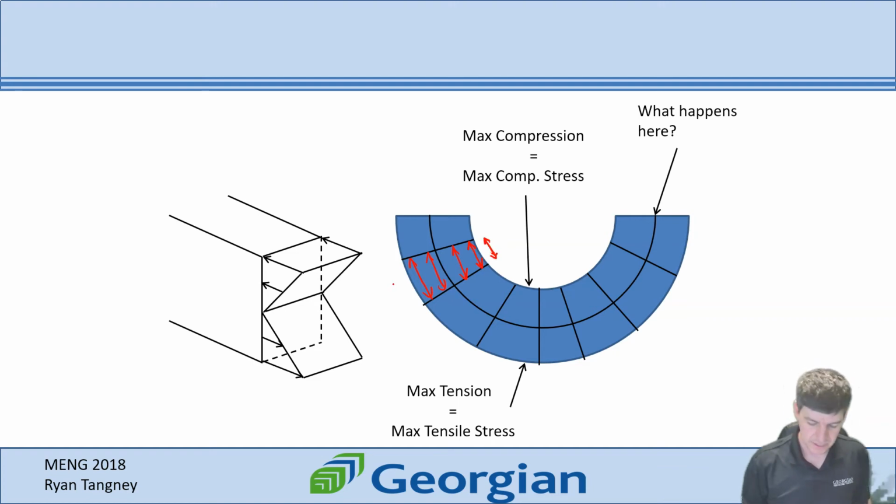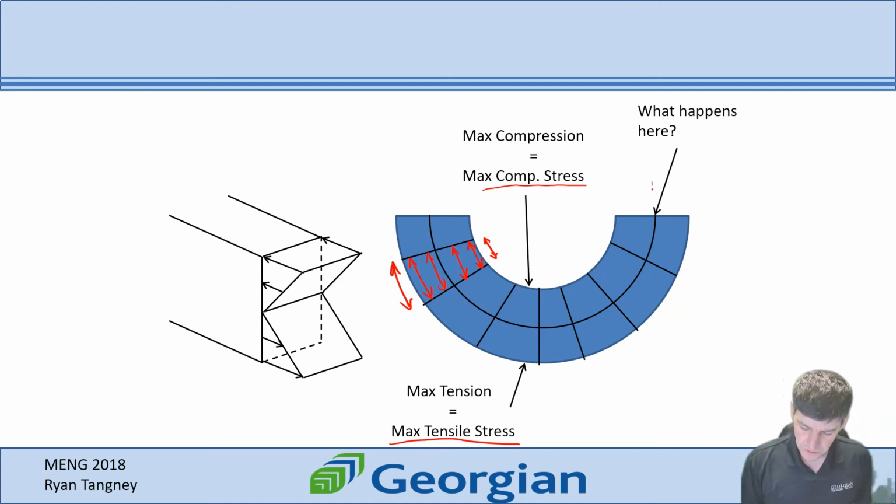That's my smallest. And my largest is on the outside. And those correspond to areas of maximum stress. My maximum compressive stress on the inside and my maximum tensile stress on the outside. Now for a beam that is symmetrical, the maximum tensile stress will be equal to the maximum compressive stress.